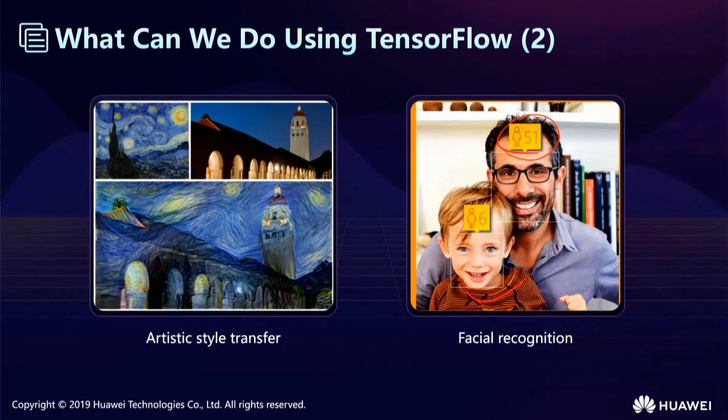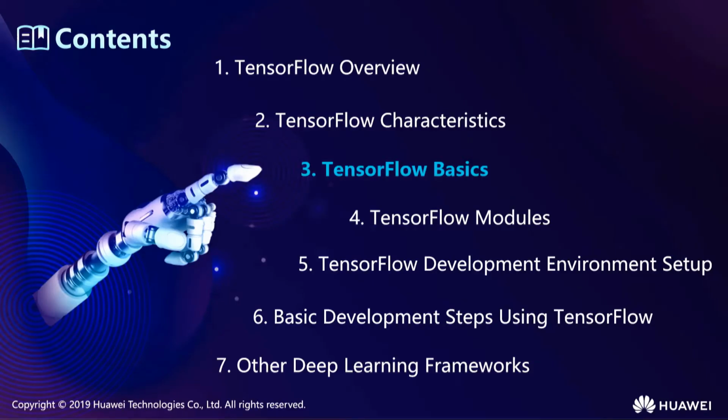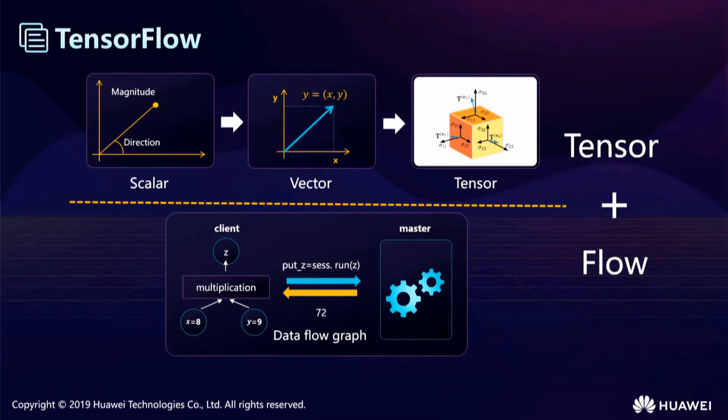We have introduced the overview of its characteristics. Let's see how it works. What is TensorFlow? As its name suggests, it consists of 2 parts, tensor and flow. Tensor is the carrier of the data, and we can think of it as a multidimensional matrix.